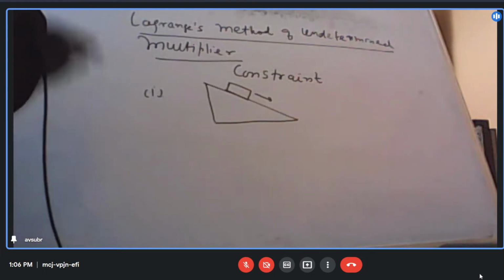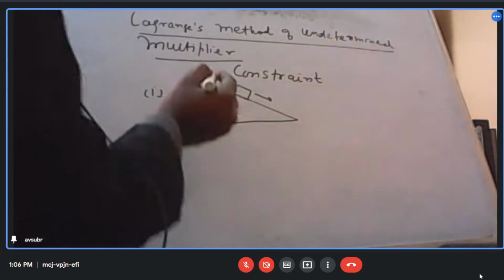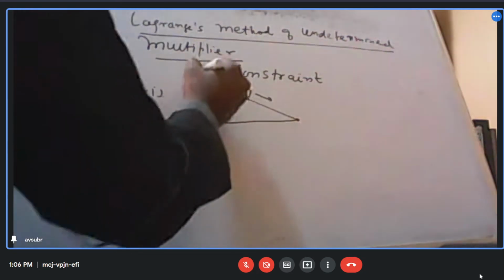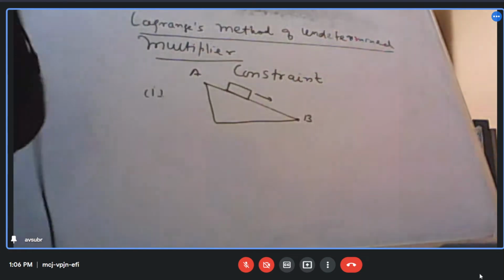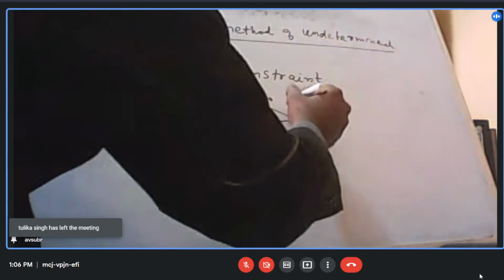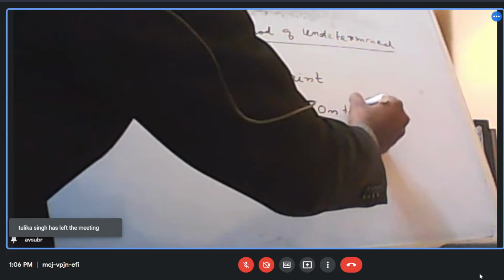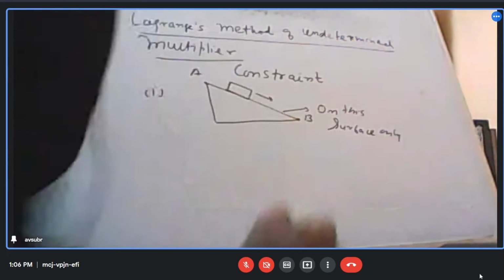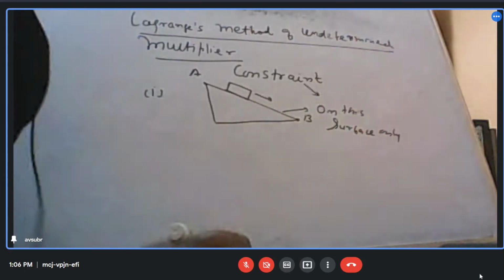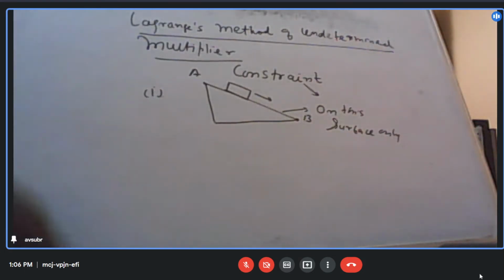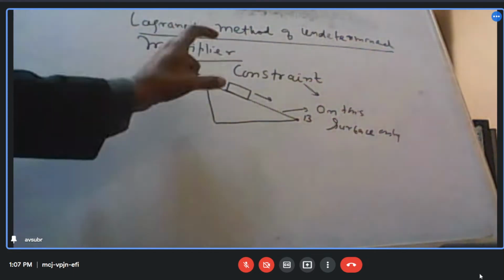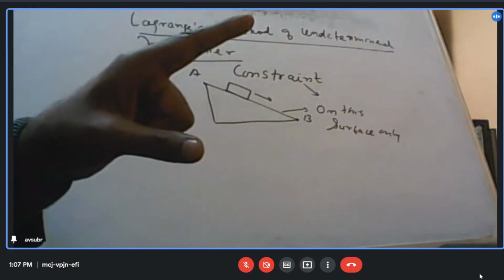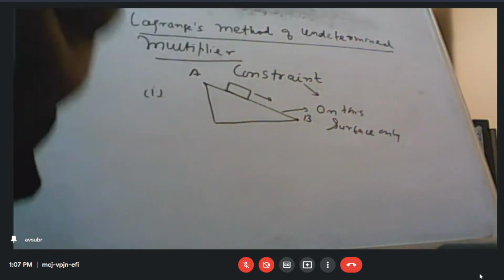The constraint is that throughout the journey, when it starts from here and reaches this point, from point A to point B, it should remain on this surface only. This is the restriction we are imposing, that we are calling a constraint. On this surface only, this box should be there. Is it okay?